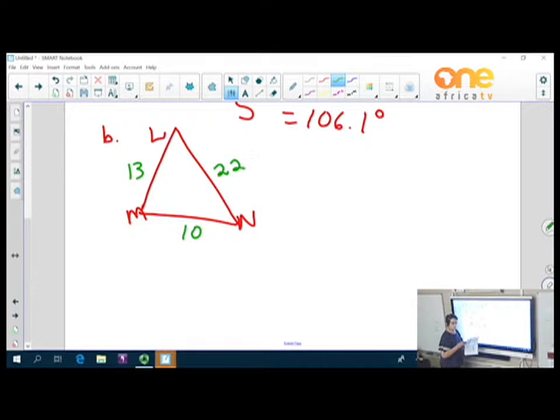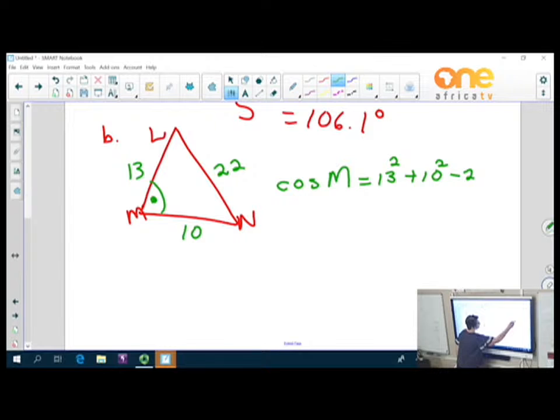I have 3 sides. The angle that we want to calculate is angle M. This one is opposite. This is the one that you're going to subtract. So I can say that cosine M is equal to 13 squared plus 10 squared minus 22 squared over 2 times 13 times 10.